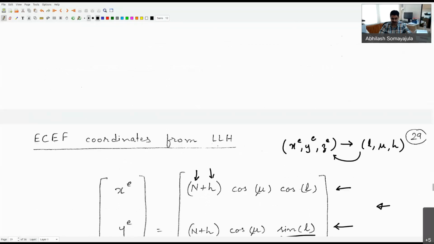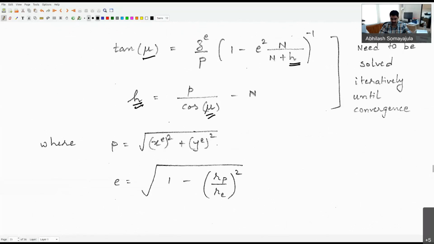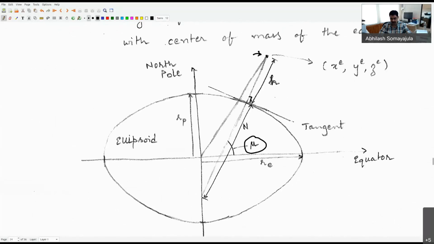Yes, sir. All right, it's nothing but our ellipsoid picture. We go back to our ellipsoid. Correct. So if you look at it, I want to look at a point x_e, y_e, and z_e, and if I take the point from here and construct a triangle, the hypotenuse length is N plus h, correct?